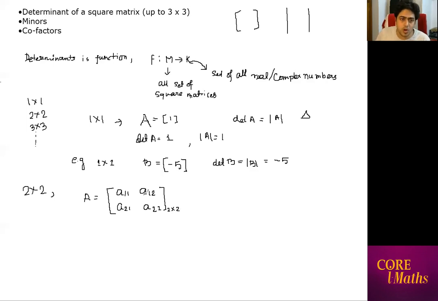For this 2 cross 2 order matrix, whenever we find the determinant value, we can write it as det A, or simply del. So det A is nothing but the determinant of A11, A12, A21, A22. There is one crisscross rule.